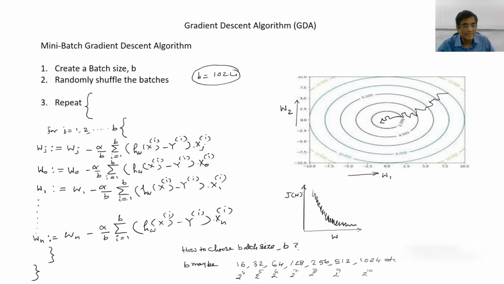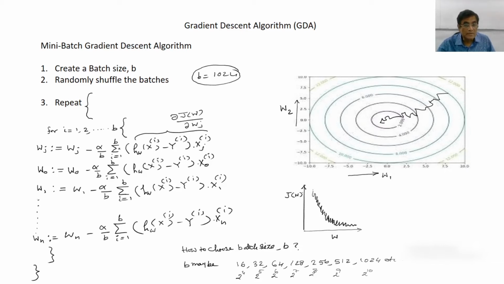For the batch, i equals 1 to B, the parameter is updated: Wj is assigned earlier Wj minus alpha by B, summation of i equals 1 to B, of again the derivative of the function. Okay, so this is how the algorithm works.